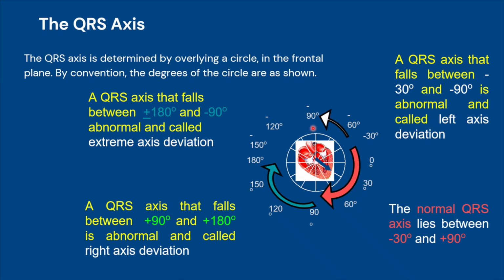And if it is between minus 90 and plus or minus 180, we call it extreme axis deviation. So we have normal axis, minus 30 to positive 90. Minus 30 to minus 90 is left axis. Positive 90 to 180 is right axis, and minus 90 to plus or minus 180 is extreme axis deviation.